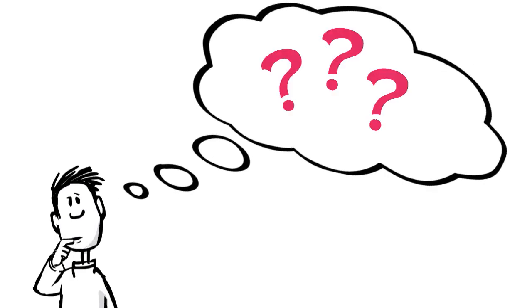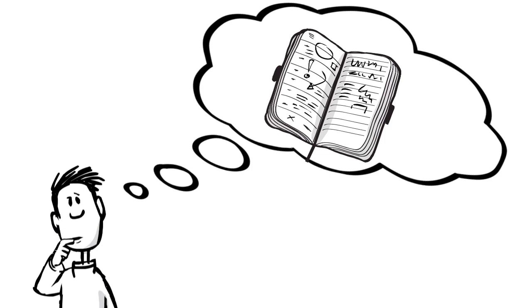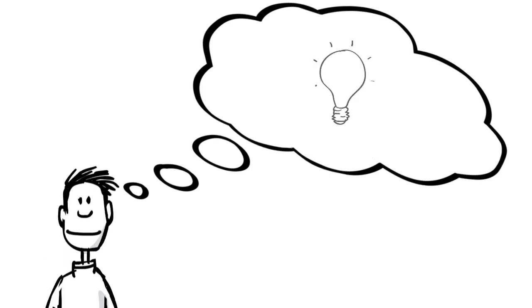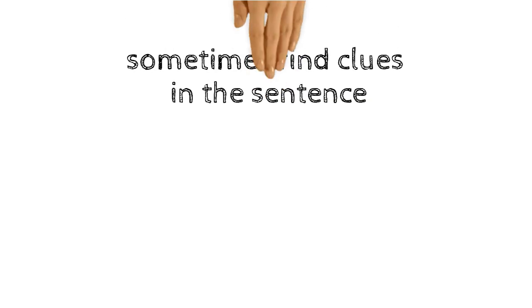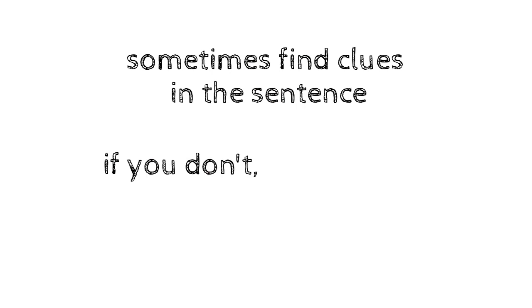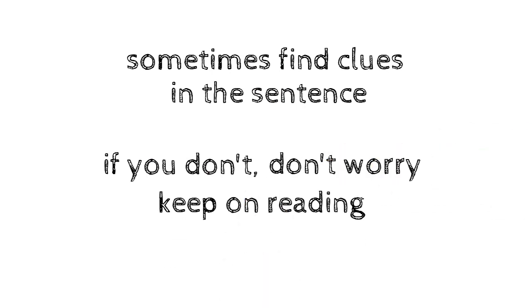You might be able to guess what a new word or phrase means when it refers to something you have already learnt about. Now, you will sometimes find clues in the rest of the sentence, but if you don't, don't worry, keep on reading. You might find clues later in the paragraph.